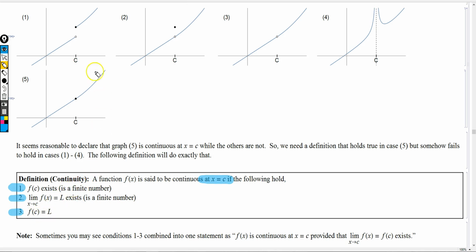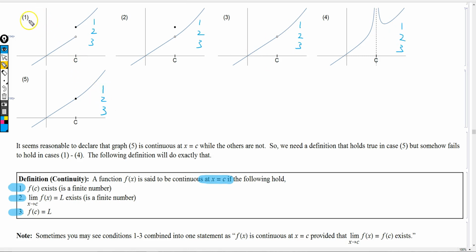Now let's take a look at these graphs up here and see that only graph number 5 satisfies all 3 of these conditions. So we'll just label those conditions as 1, 2, and 3 and see which ones are being satisfied up here for each.